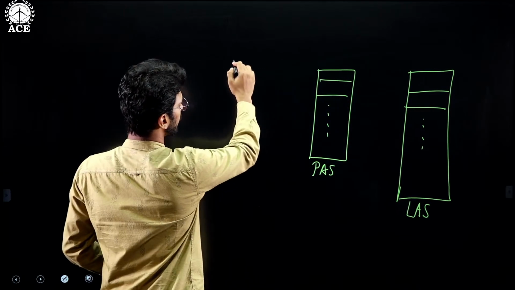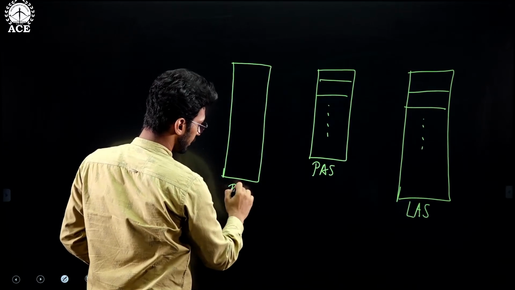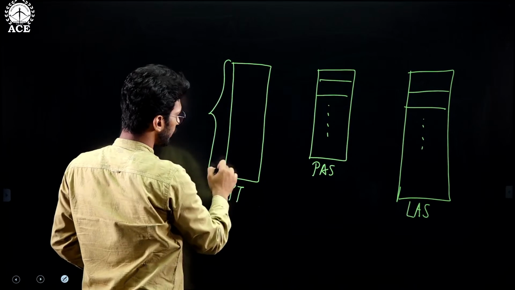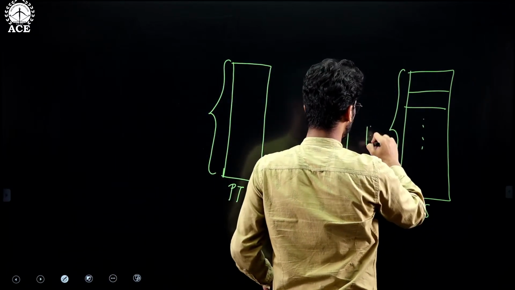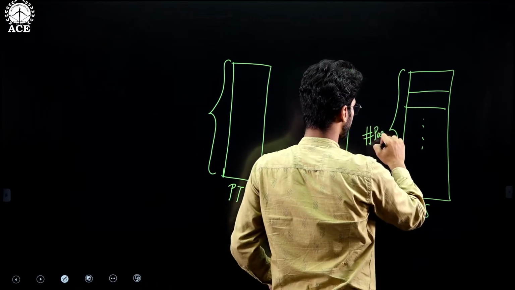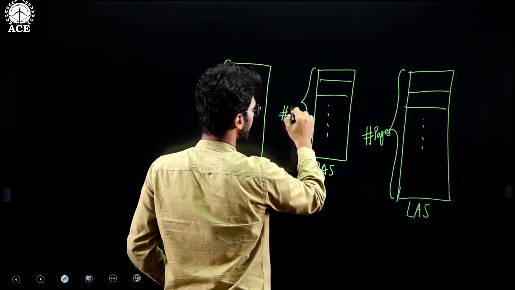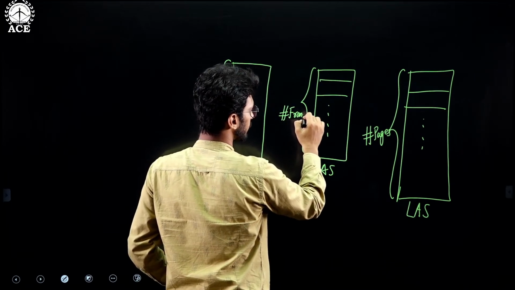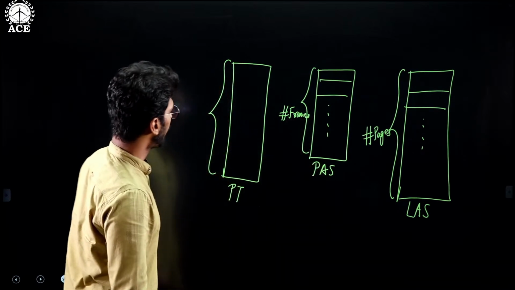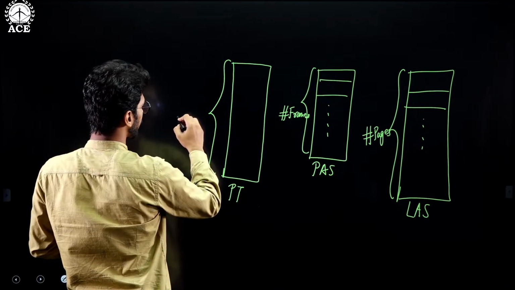Now, let's see the page table. In general, what will happen? The entries in the page table will be equivalent to the number of pages. These are the number of frames; I am writing hashtag for number of frames.